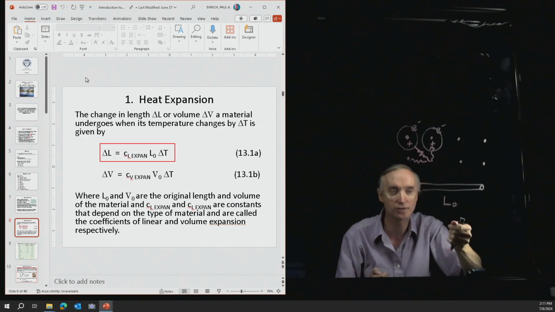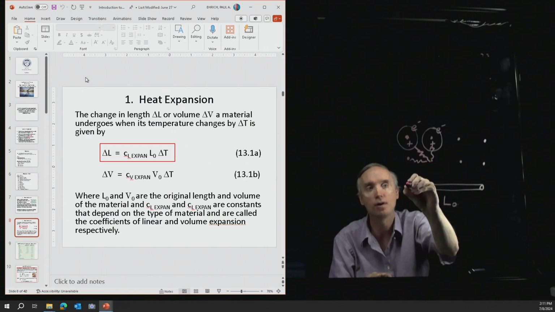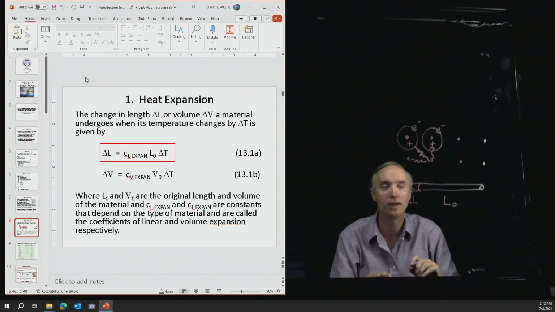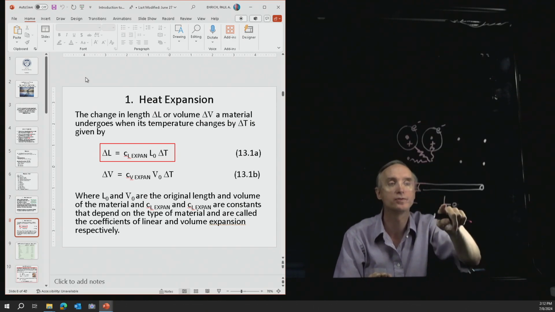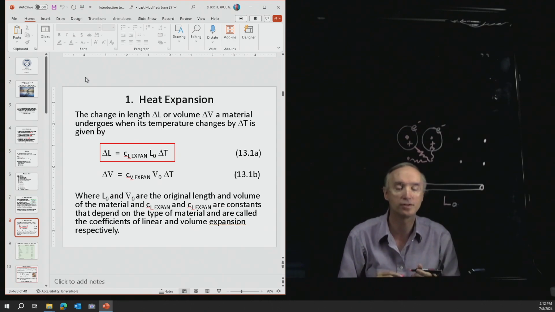When we increase the temperature, we add more energy to the rod, and it's going to expand. So this rod is going to go over to here, and the change in length is going to be delta L. L sub 0 is the original length of the rod. Delta L is how much it changes.